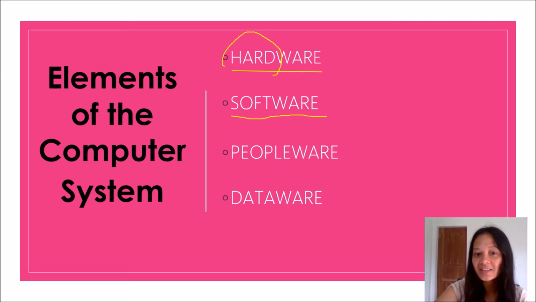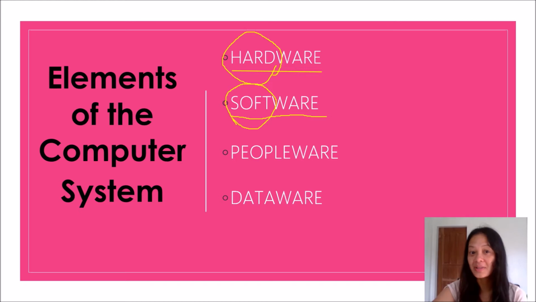Hard is solid, it's unbreakable, while soft can easily be folded, it can be broken down into pieces. So these words, hard and soft, are opposite words and we call them antonyms.